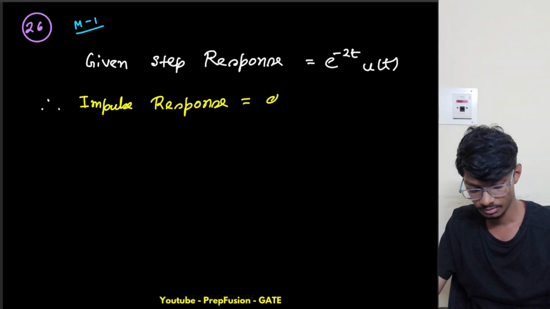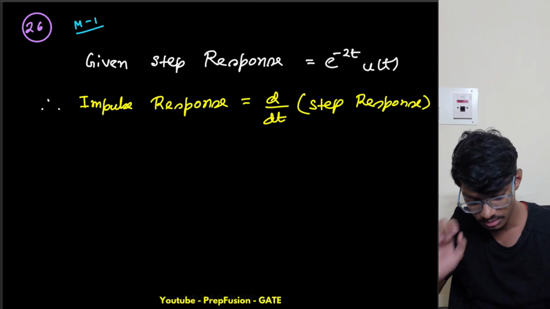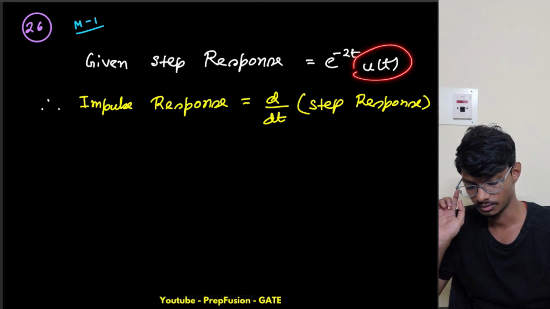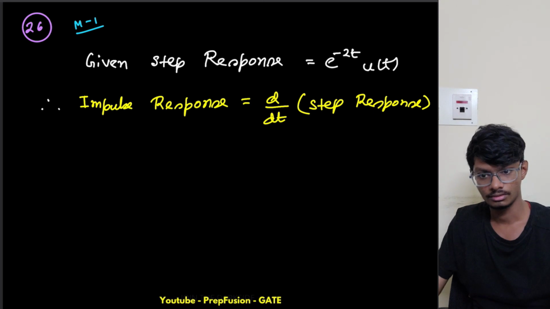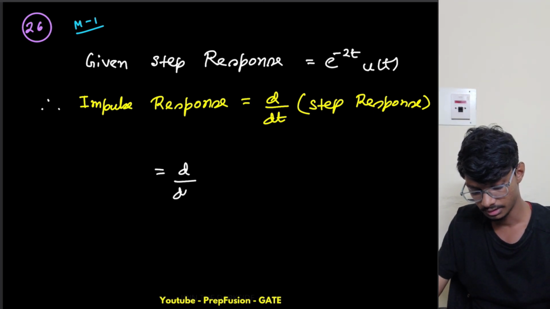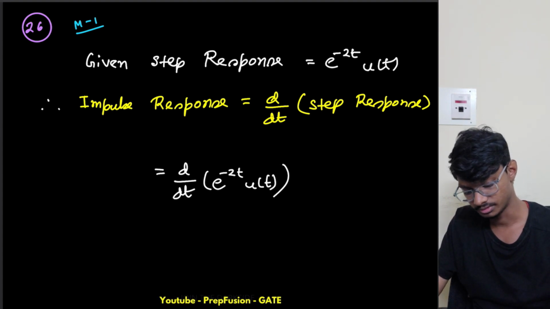Impulse response will be d/dt of the step response, right? So just be careful while using this, because we have a unit step function here also. So if I differentiate d/dt of e raised to power minus 2t u of t, don't forget the unit step this time.